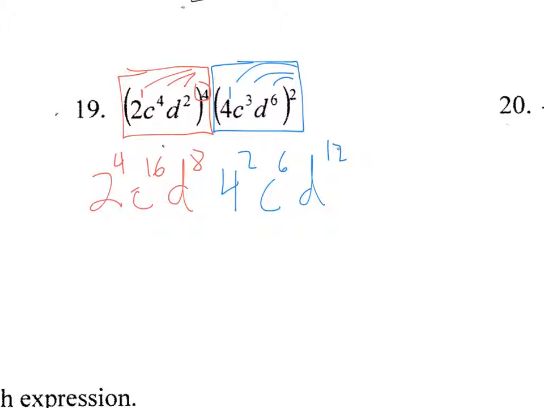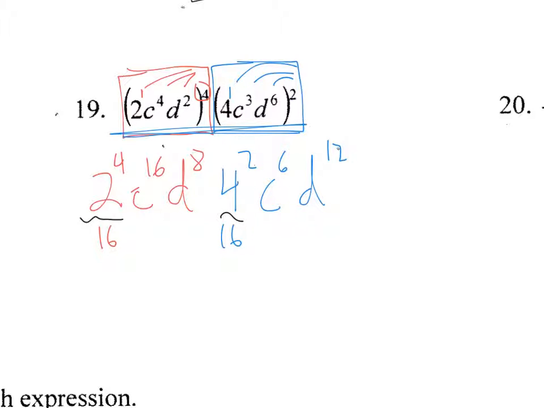Now if I want to combine all these things, whenever you're dealing with numbers, just simplify the numbers. So really 2 to the 4th is 16, and really 4 squared is 16. Alright, now a 16 and a 16, well, what do I do? Do I add them, subtract them, multiply, divide them? Everything's all lined up together here.